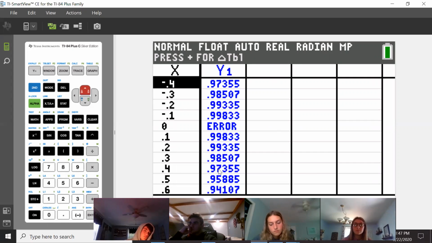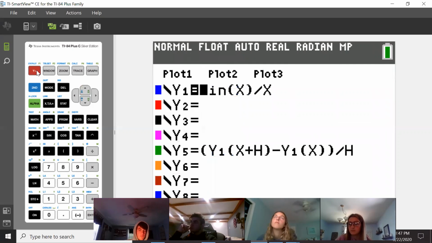At 4/10, as you go to the left, they're getting higher towards 1. And you can make this delta table smaller, and they would get closer in there. But it's not going to take on the value of 1 because you can't divide by 0. And that's conceptually what we're dealing with when we talk about limits.